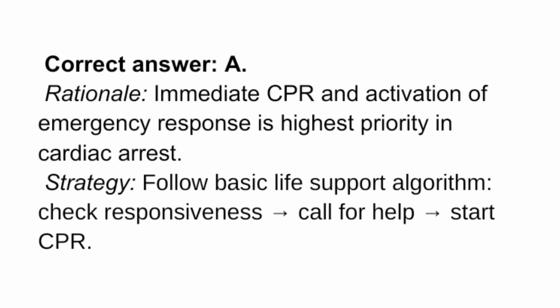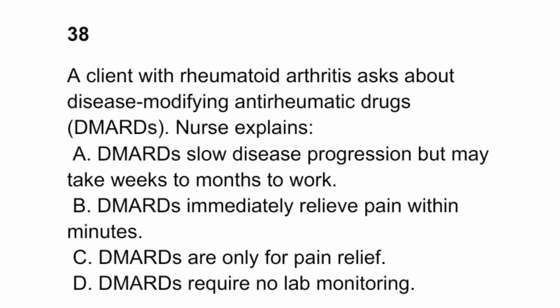Correct answer, A. Rationale, immediate CPR and activation of emergency response is highest priority in cardiac arrest. Strategy, follow basic life support algorithm, check responsiveness, call for help, start CPR. 38. A client with rheumatoid arthritis asks about disease-modifying anti-rheumatic drugs, DMARDs.